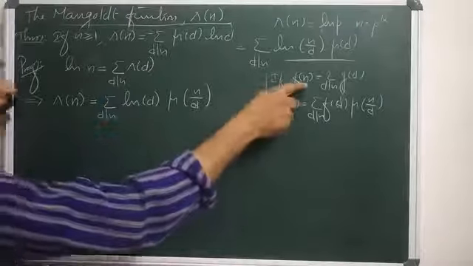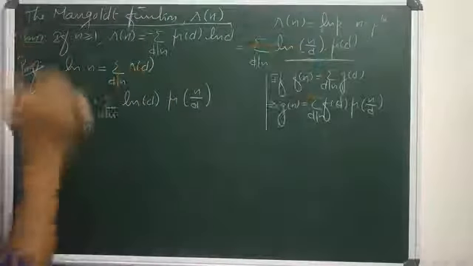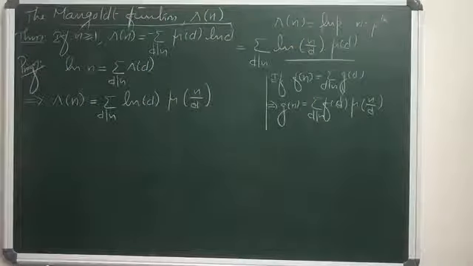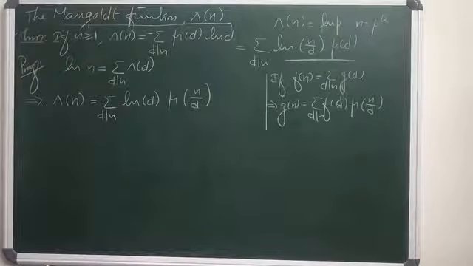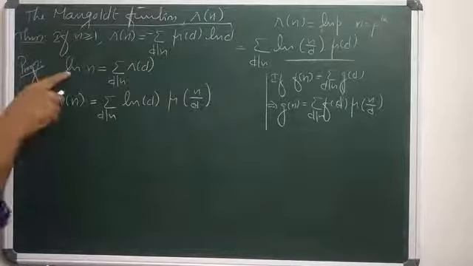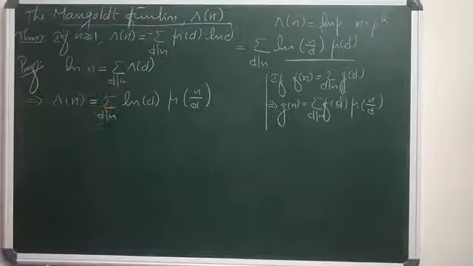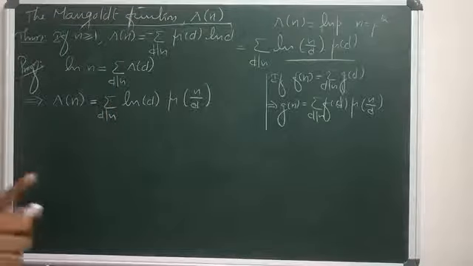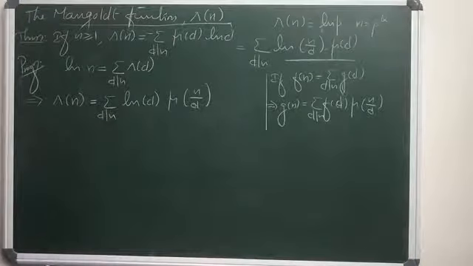Instead of f(n), here it is log n. Instead of g(d), here it is Λ. So if f(n) equals Σ_{d|n} g(d), then by Mobius inversion formula g(n) equals Σ_{d|n} f(d) μ(n/d). From here we can immediately conclude that when log n is Σ_{d|n} Λ(d), then by Mobius inversion formula Λ(n) equals Σ_{d|n} log d μ(n/d).